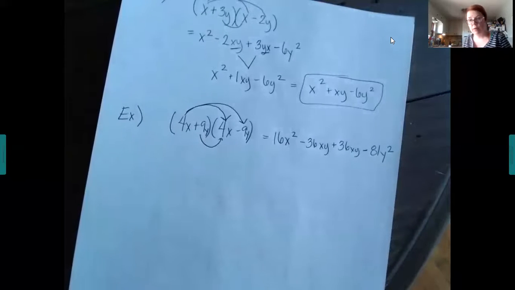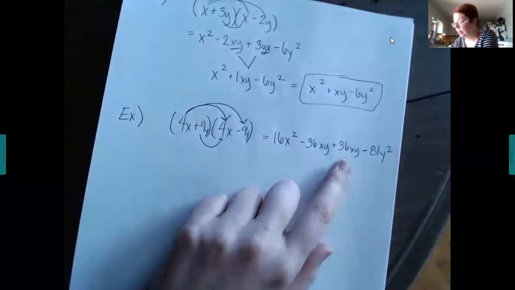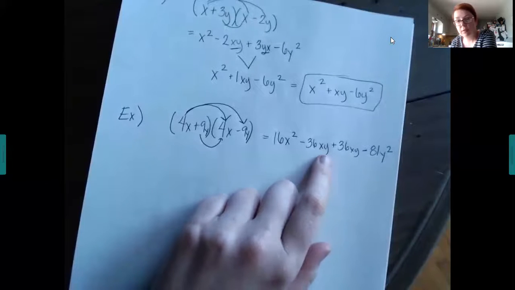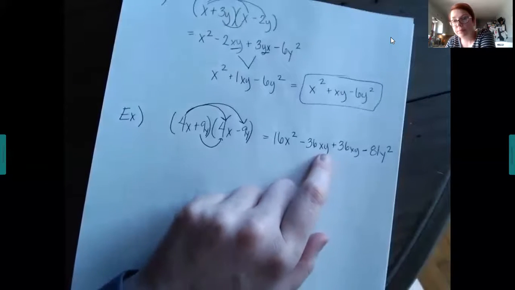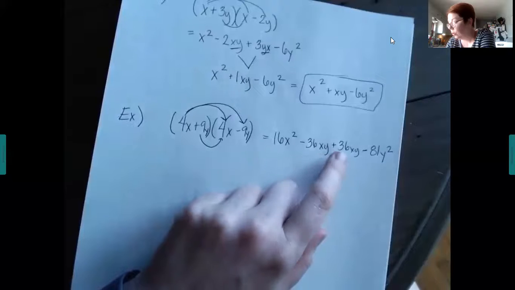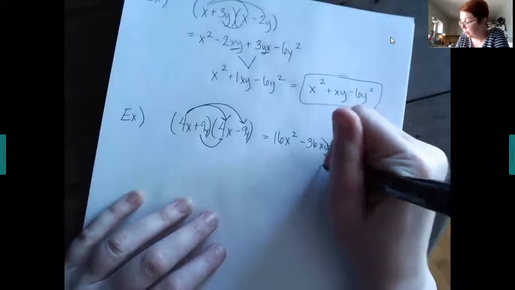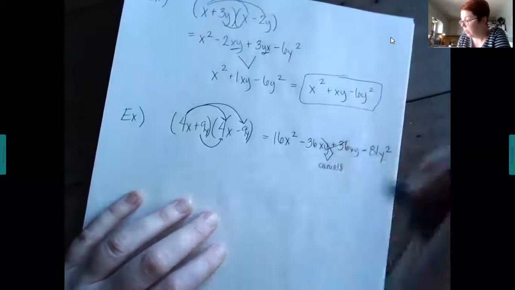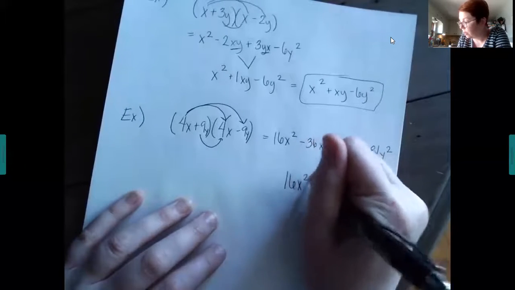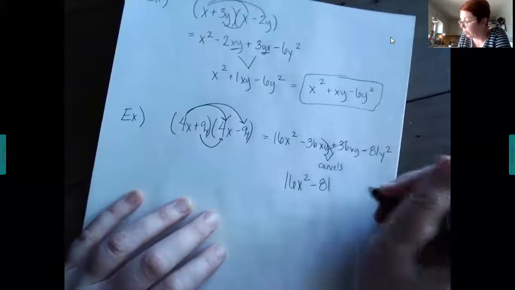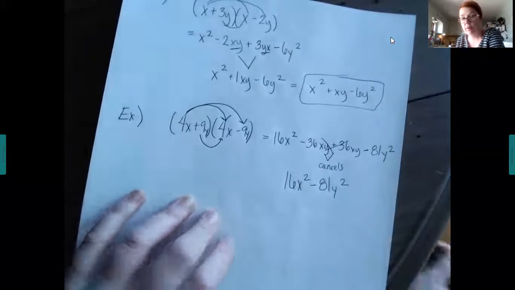So looks a little bit bigger, but actually it's not too bad because again, these 2 things in the middle are like terms. And there you have the same number, right? One's positive, one's negative. So this cancels. And so we're left with 16x squared minus 81y squared.